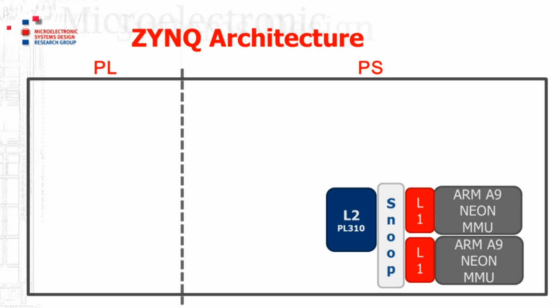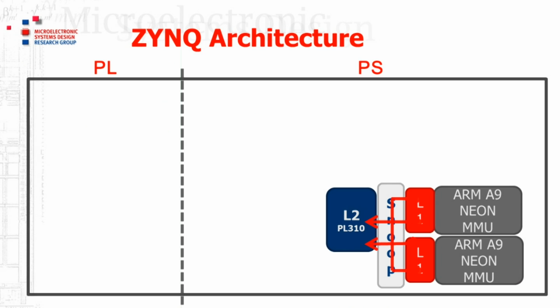What is the Snoop control unit? It is responsible for maintaining coherency between the contents of the level 1 caches of the two CPUs, as well as the level 2 cache and the level 1 caches.